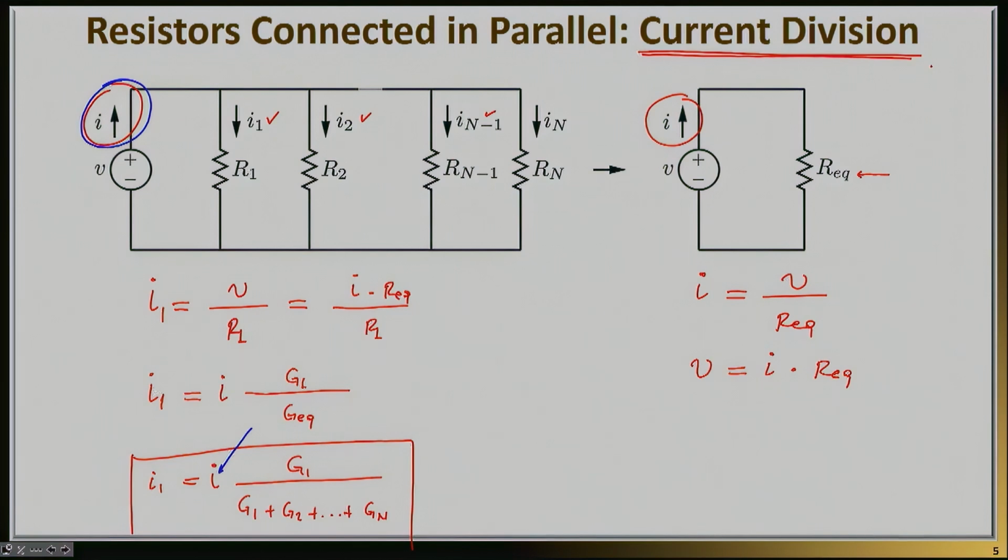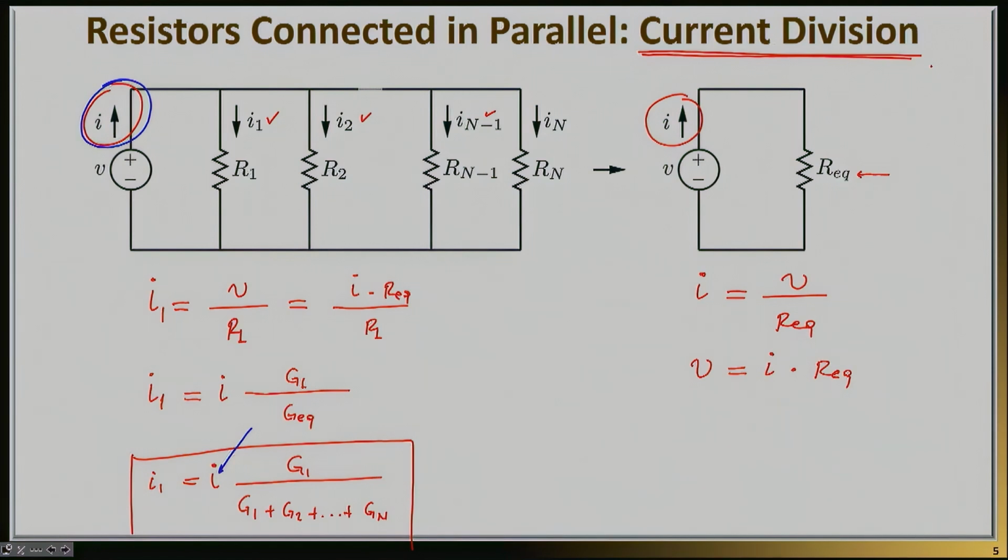So this second equation that we're deriving here, called current division, is as important as the first equation we derived for the equivalent conductance or the equivalent resistance. They literally go hand in hand, and you should make an effort to remember and apply both of them equally well.